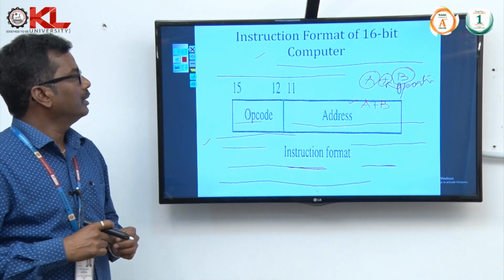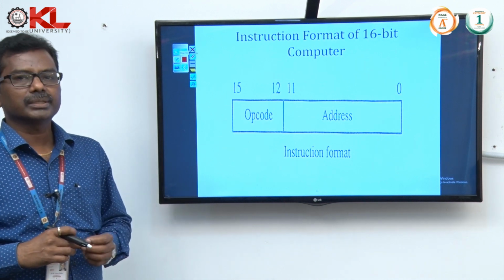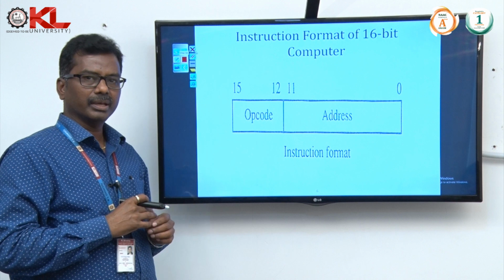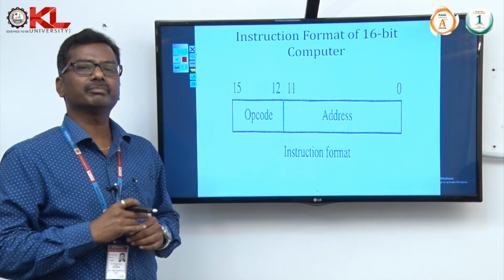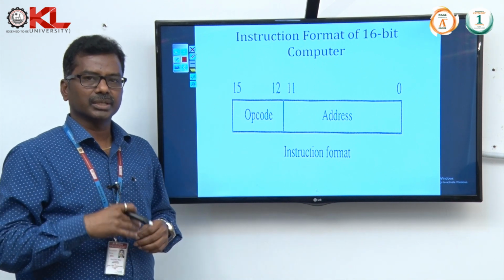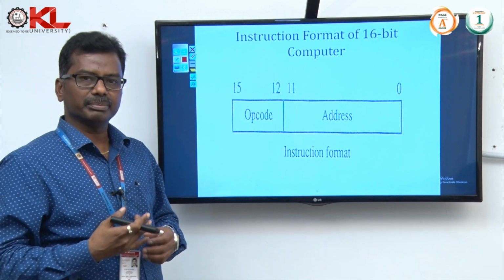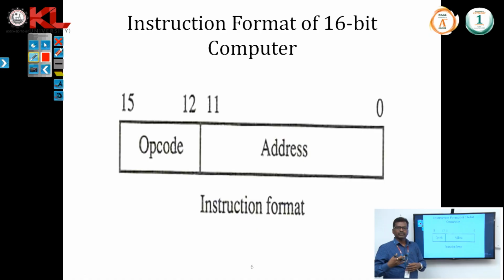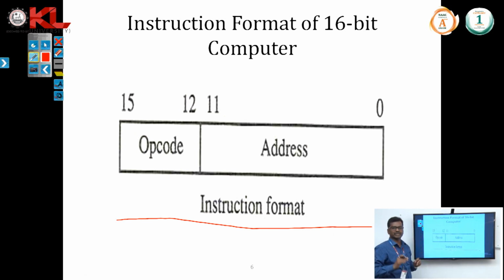Now let us consider a 16-bit computer. Of course, these days we are working on even higher bit computers, but let us consider a 16-bit computer. For a 16-bit computer, the size of every instruction is 16 bits, and it consists of these two important parts.